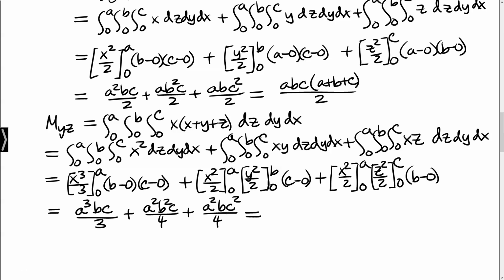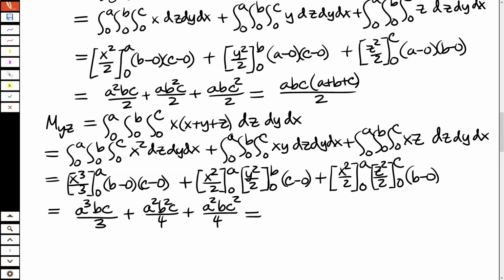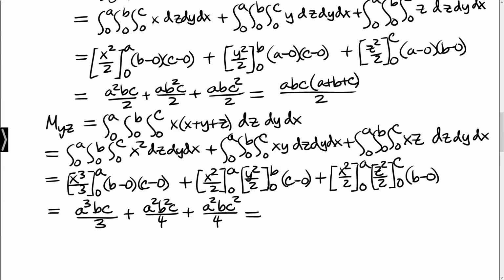Okay, so if we wanted to write this cleanly, let's get a common denominator of 12 first of all. So let's make this 12, 4, 12, 3, 12, 3. And then what can we factor out?